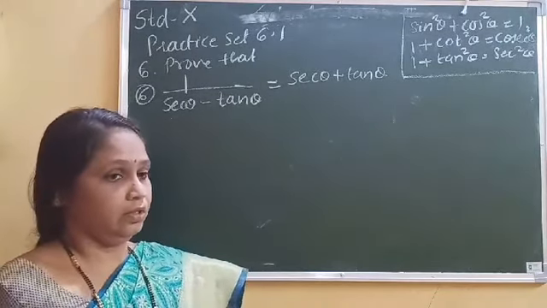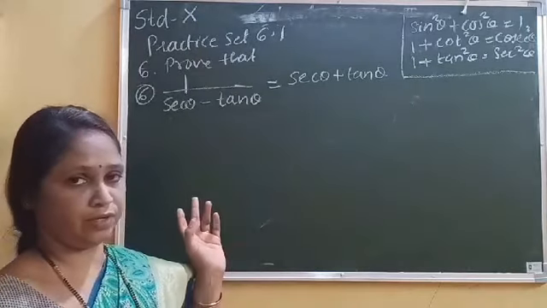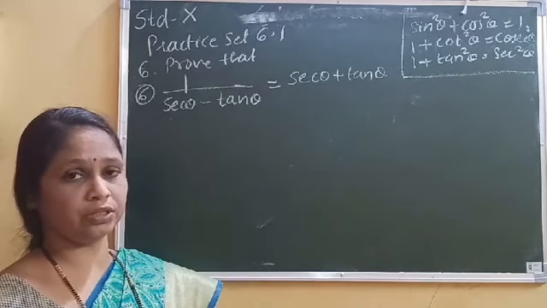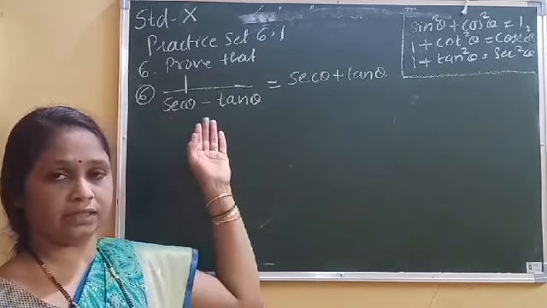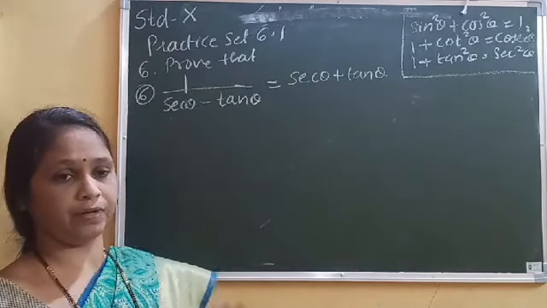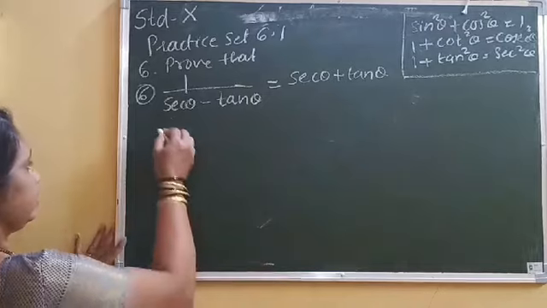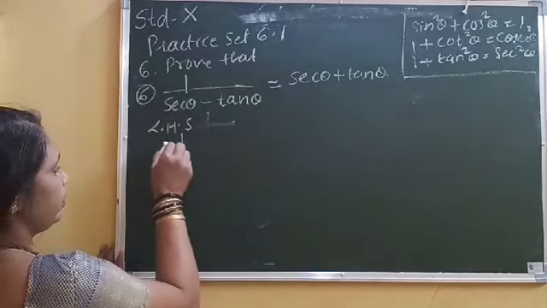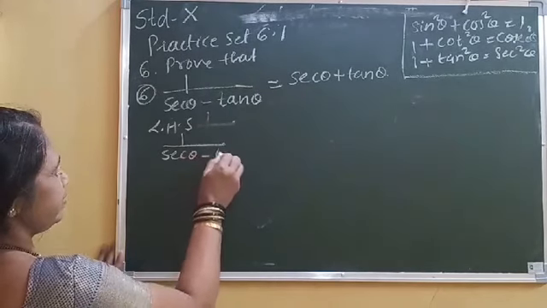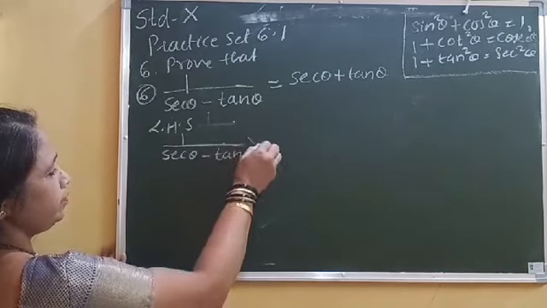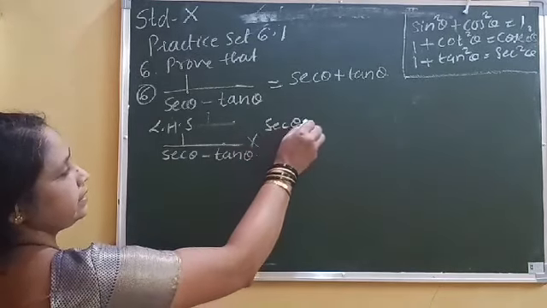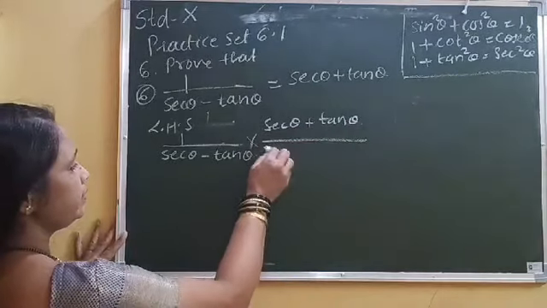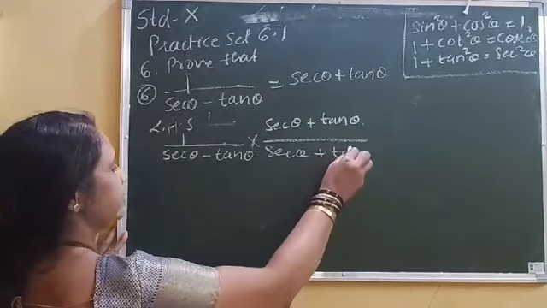Okay, now see how to solve this example. Here we have 1 upon sec theta minus tan theta. What you should do is multiply and divide this LHS by sec theta plus tan theta. Now see what happens. We multiply by sec theta plus tan theta and also divide by sec theta plus tan theta.